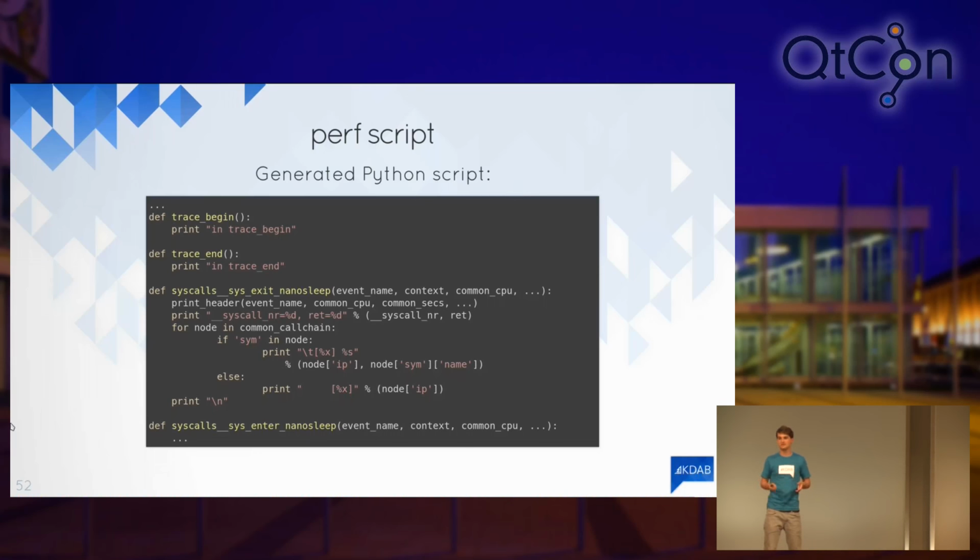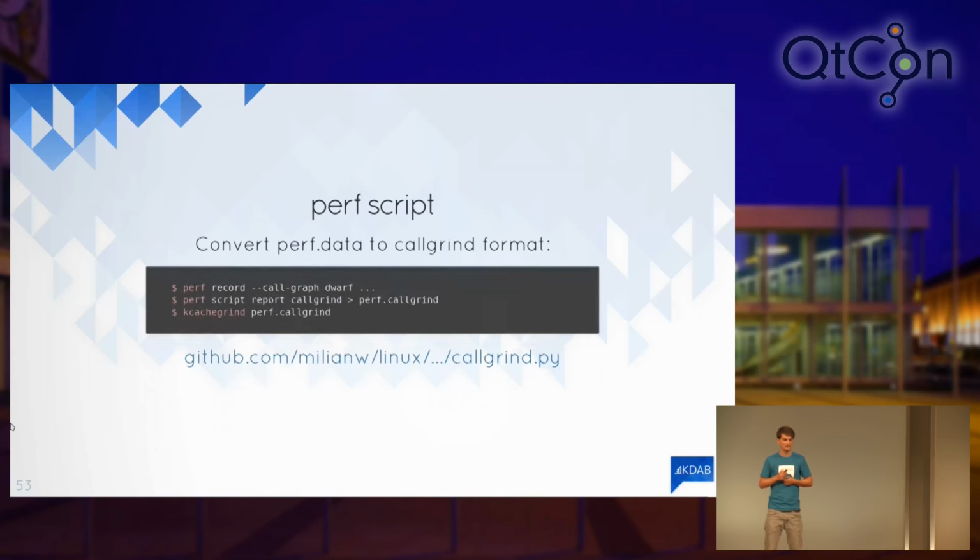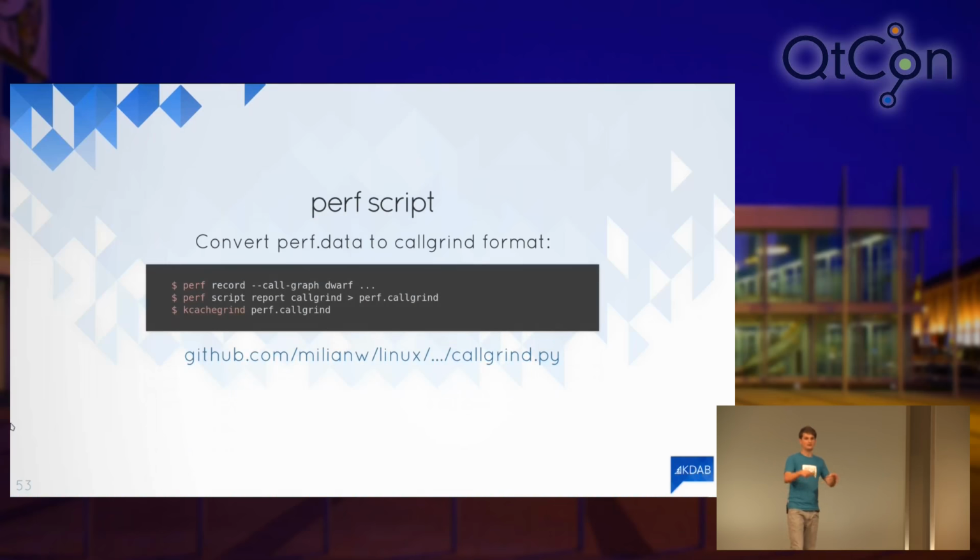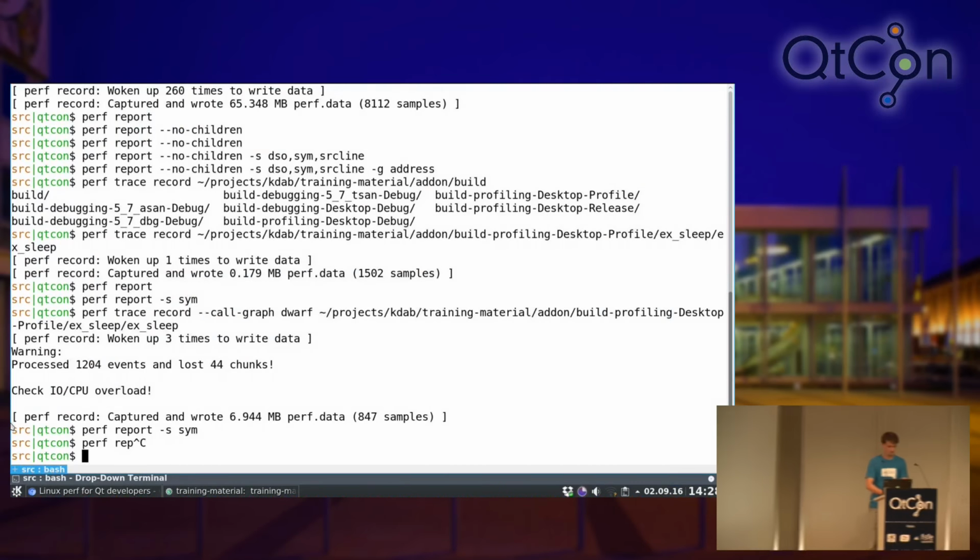But it's actually pretty simple to write something to measure, for example, the time between different syscalls, and also see different samples that have been running in between with their call stack, and all of these things are possible. And as I said, I used that as the foundation for a really, really tiny callgrind converter script. Let me show you the source code.